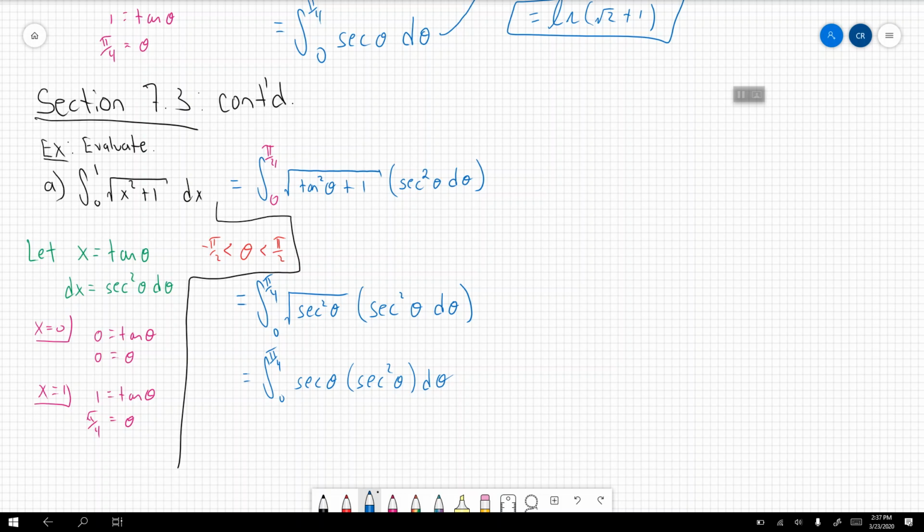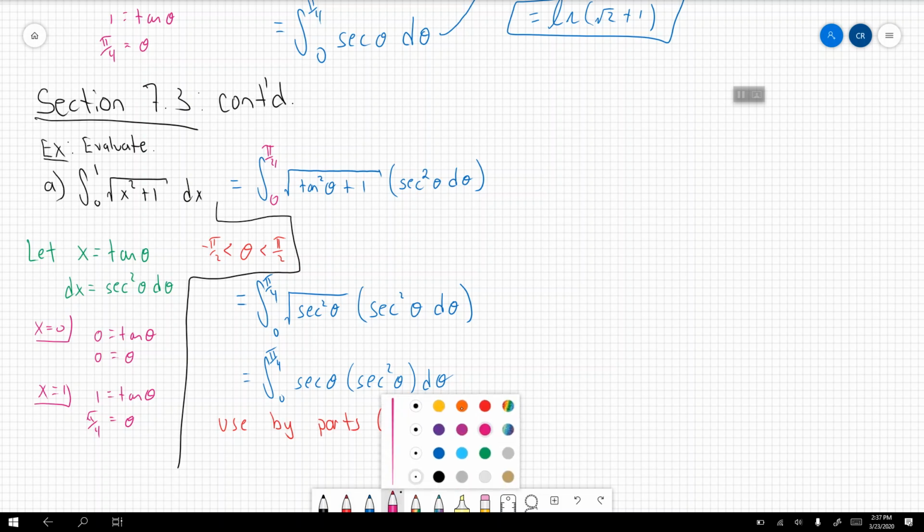And what I want to do is integrate using by parts. So let's see if we can use our by parts integration at this time.